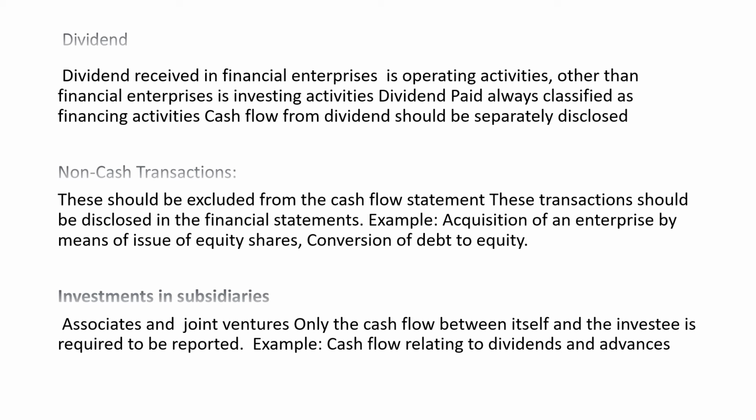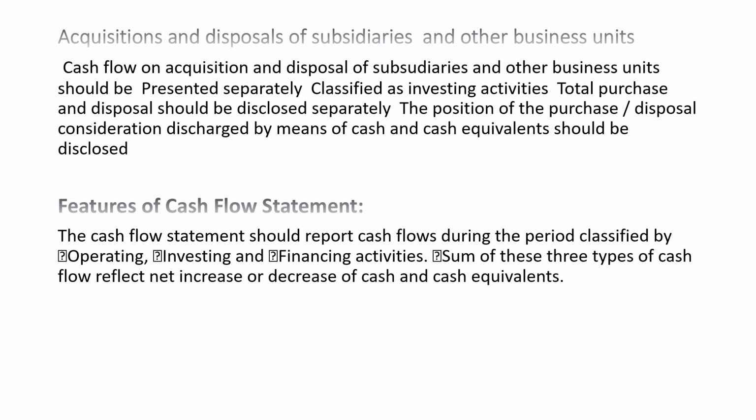Investment in subsidiaries, associates and joint ventures. Only the cash flow between itself and the investee is required to be reported. Example, cash flow relating to dividend and advances. Acquisitions and disposal of subsidiaries and other business units.